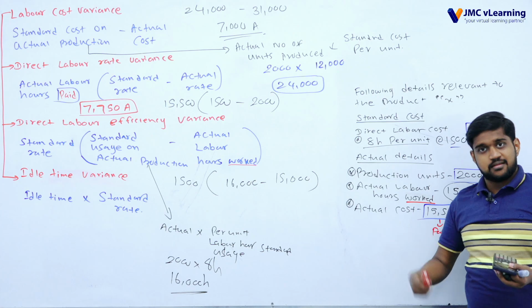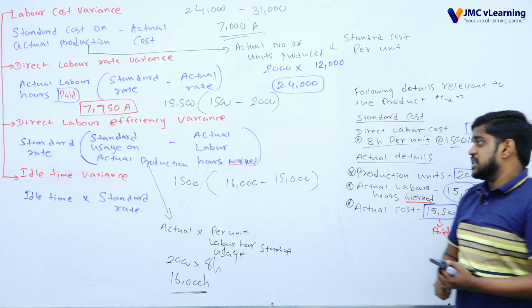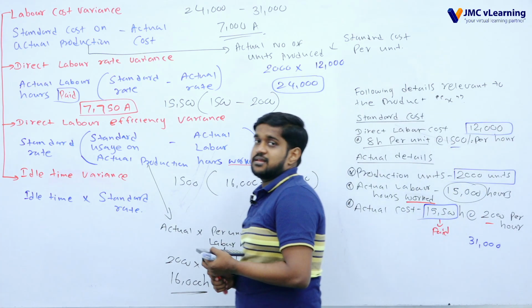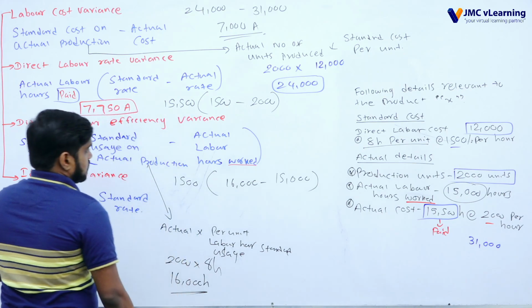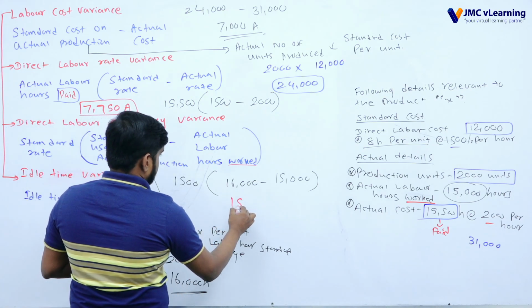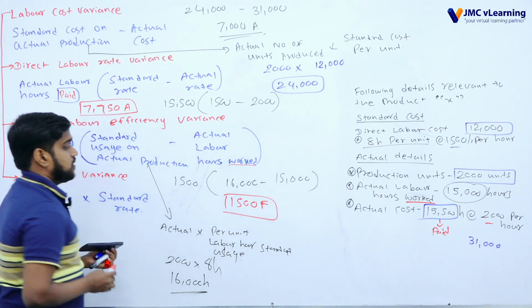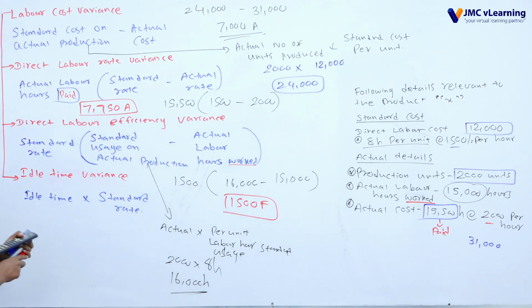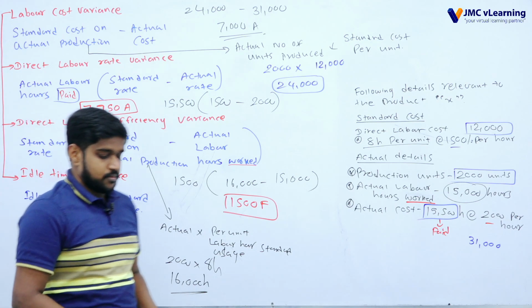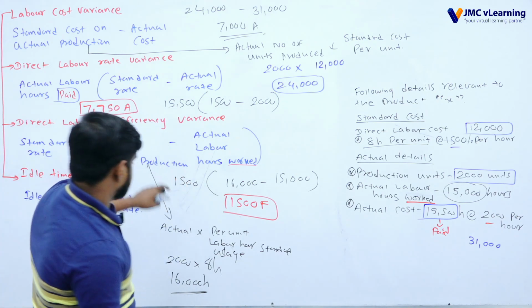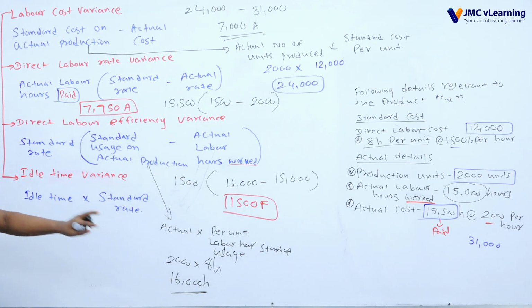That means it is less than our standard usage. Therefore, definitely we can say this is a favorable variance. Since we get a positive amount, we can say 1,500 favorable variance. So for direct labor efficiency variance, we get 1,500 favorable.